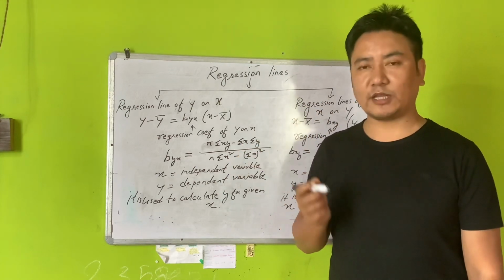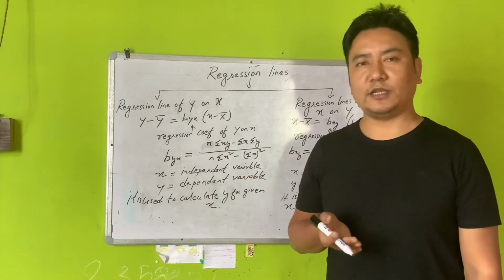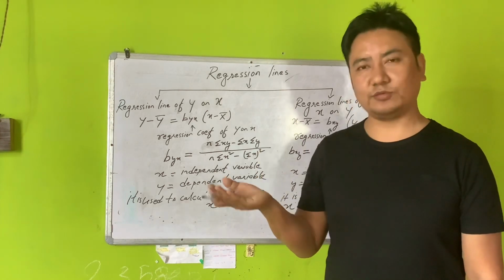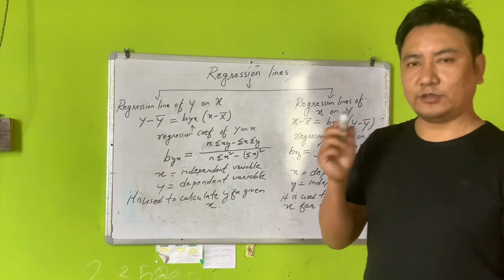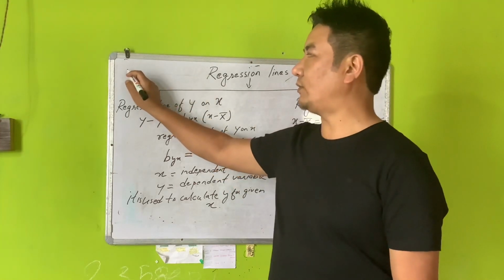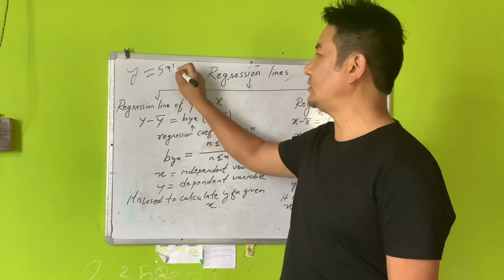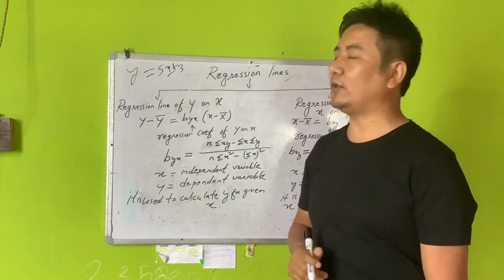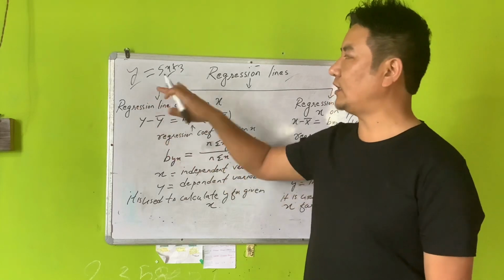If you have to calculate y using the given variable x, then you have to write y is equal to 5x plus 3. So if x is given, just put the value of x, then you can simply calculate the value of y. Okay, so that is just an example.